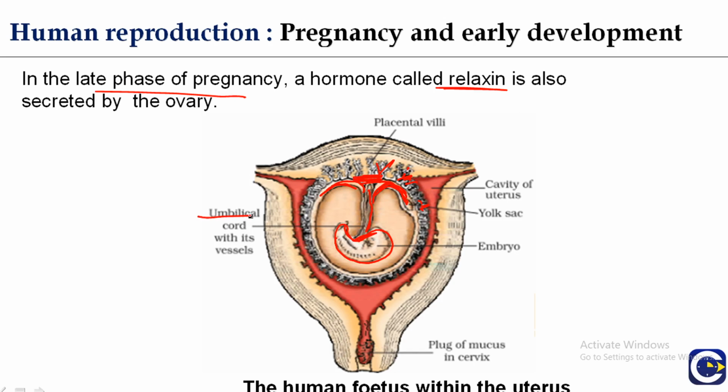This is the umbilical cord with its vessels, and this is the medium for the to-and-fro flow of material between the embryo and the mother's body. The placenta is the means for providing all the necessary things like oxygen and carrying out carbon dioxide and the excretory material from the embryo to the maternal body.